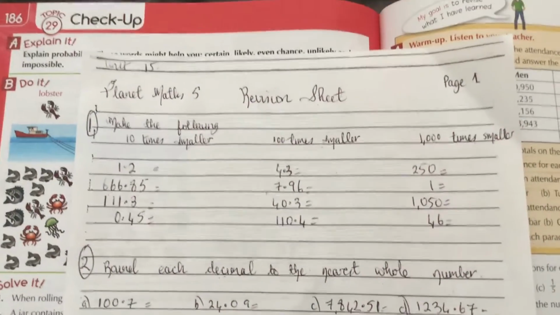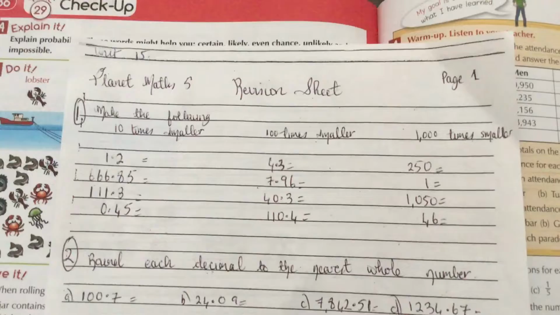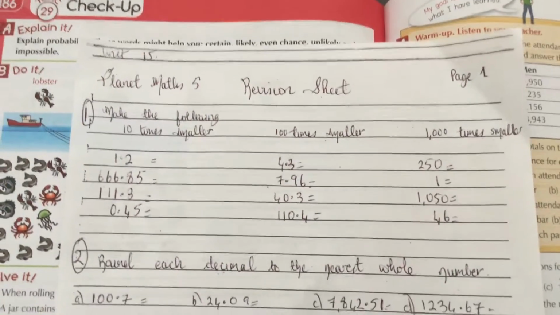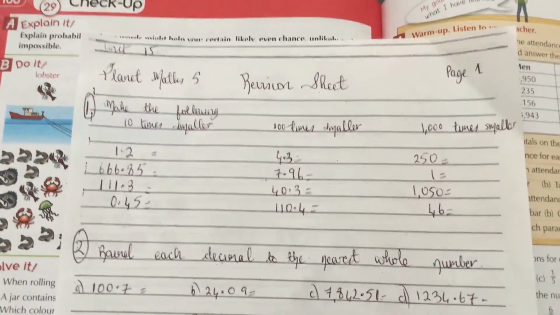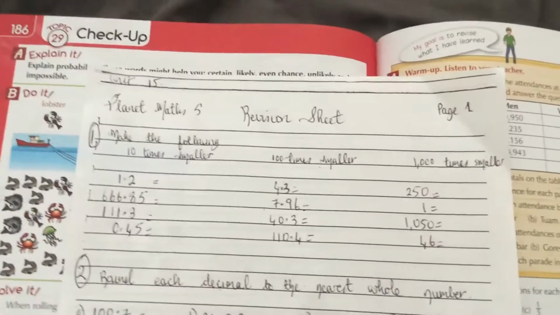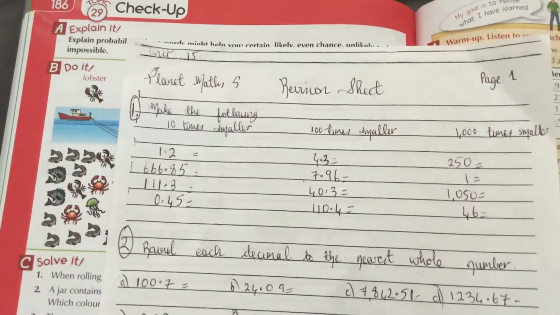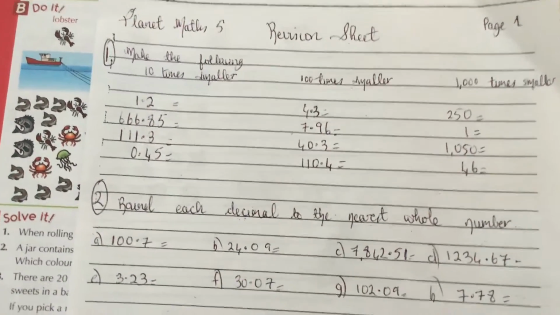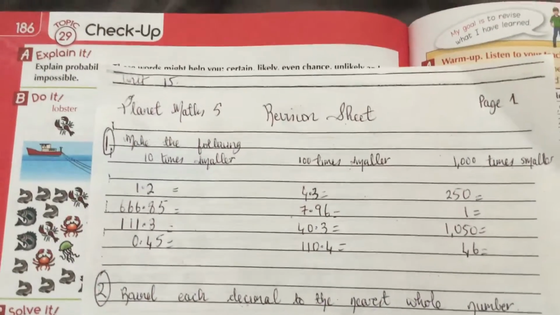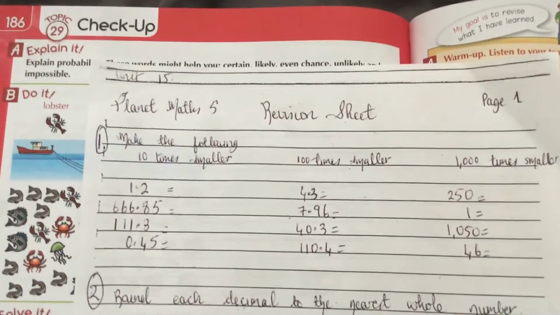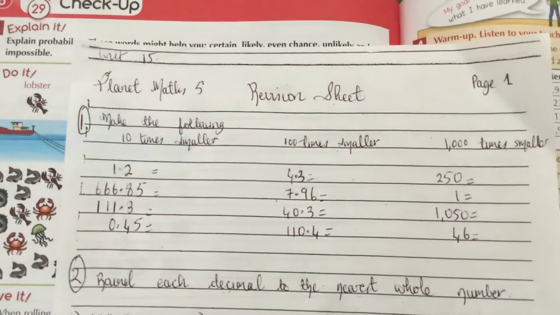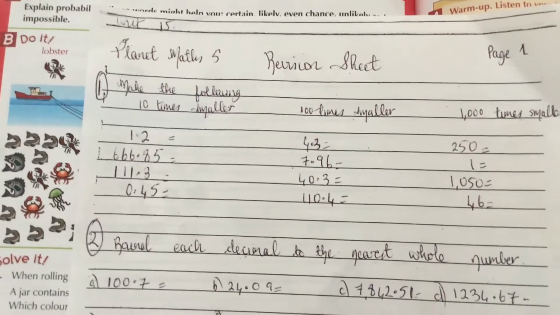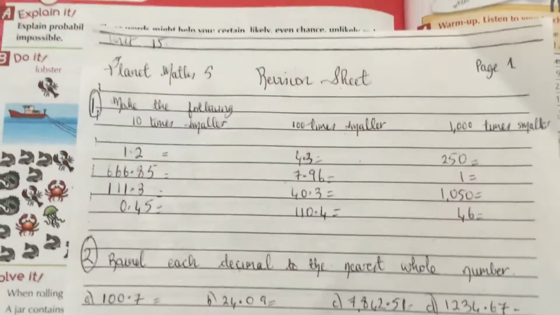And again, when we are making something 10 times bigger, 100 times bigger, and 1,000 times bigger, it looks like the decimal point is moving to the right, but in fact it's not. It remains in its place stationary, whilst the digits move to the left. Either one place to the left for tens, two places to the left for hundreds, because you're making each digit 10 times bigger or 100 times bigger, or three places to the left for 1,000 times bigger.